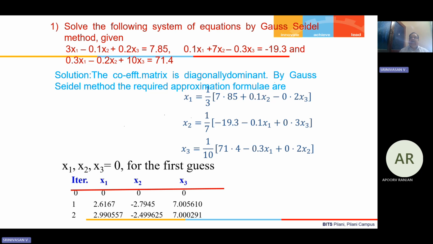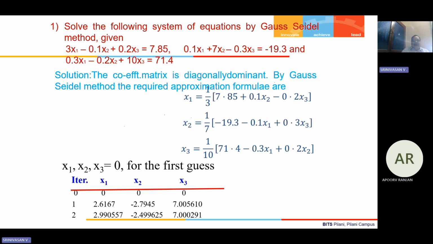Using that value of x1, you get x2 as minus 2.499625. Using the x1 value, and x3 is already there, 7.005610, you get the latest value of x3 as 7.00029. The solution on the slide is not given as a final solution, but you can understand that we have stopped the iterations and given x1, x2, x3.